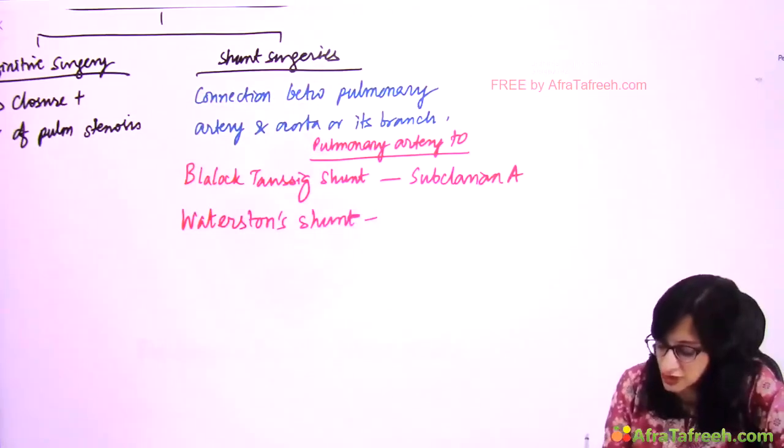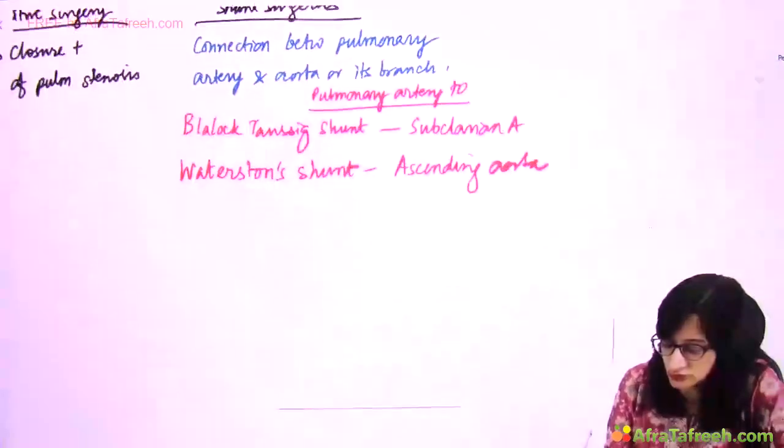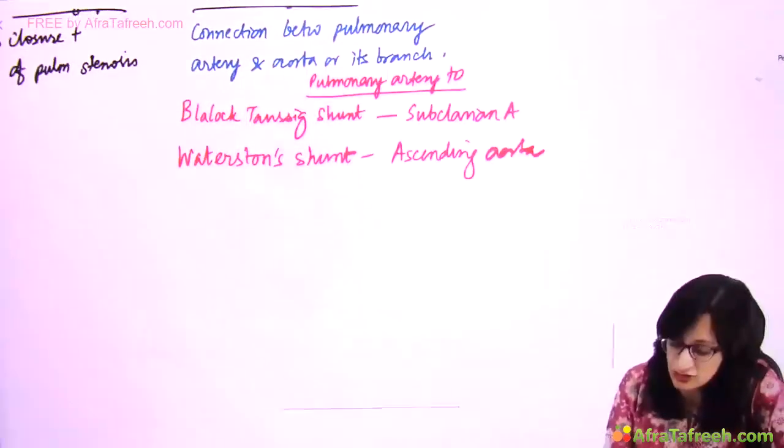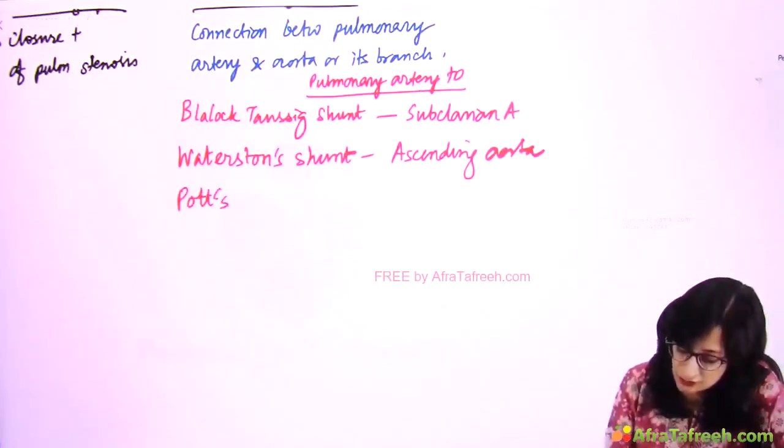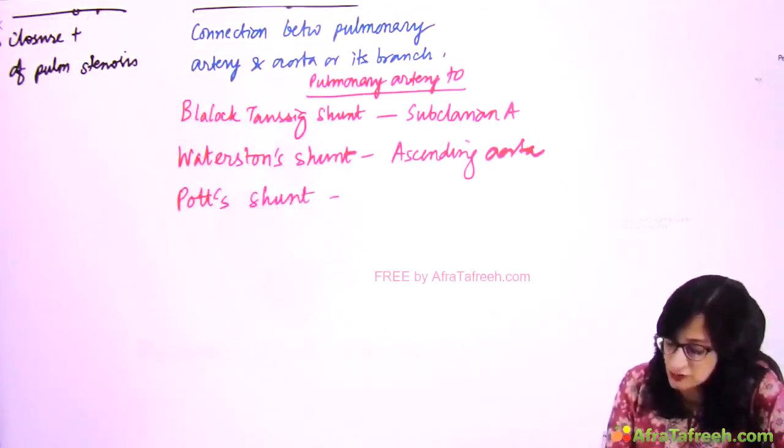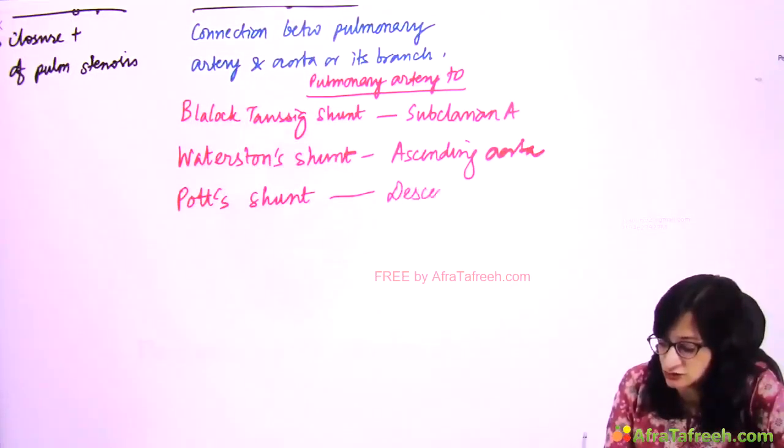It connects the pulmonary artery to the ascending aorta. While there is another shunt surgery that is called Pott shunt. It connects the pulmonary artery to the descending aorta.